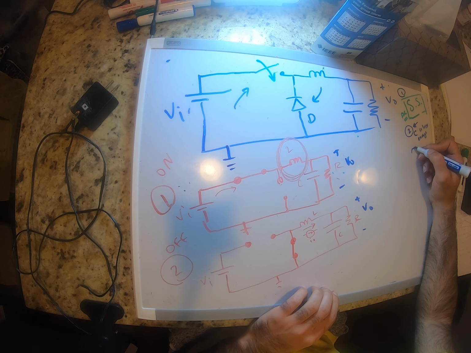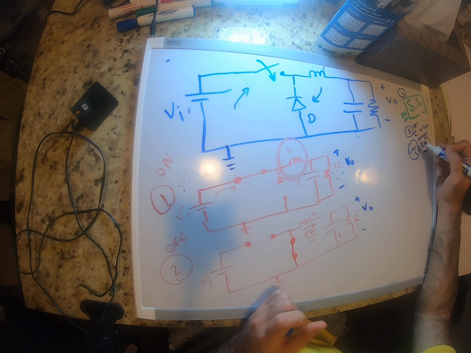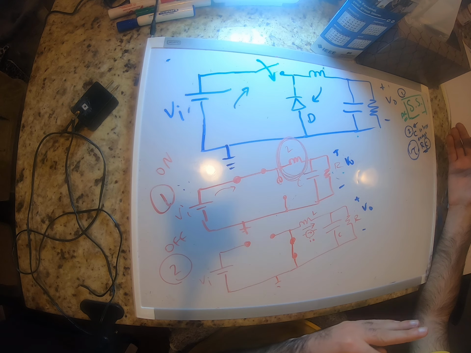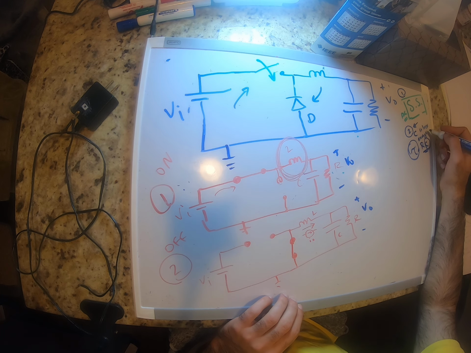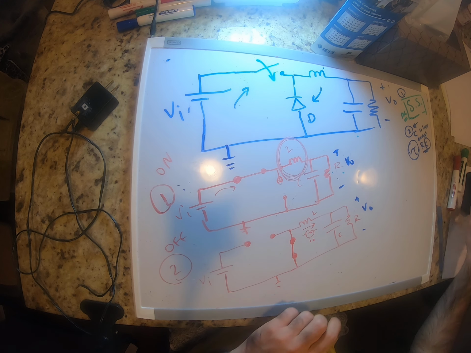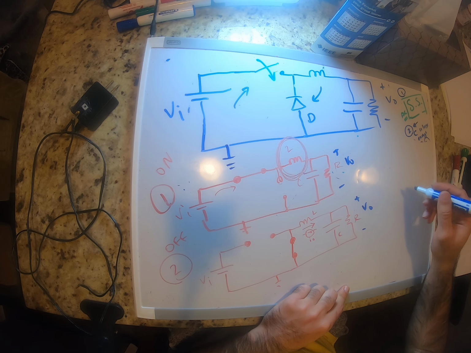You guys remember that the time constant of an RC circuit is R times C. So if C is very big, the rate of change of the voltage is going to be very slow. So if C is large enough, over one period, the output voltage is not going to change that much. So this is another assumption that we have.